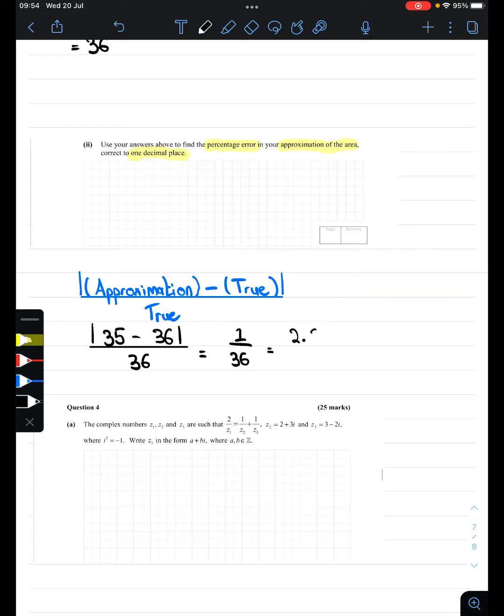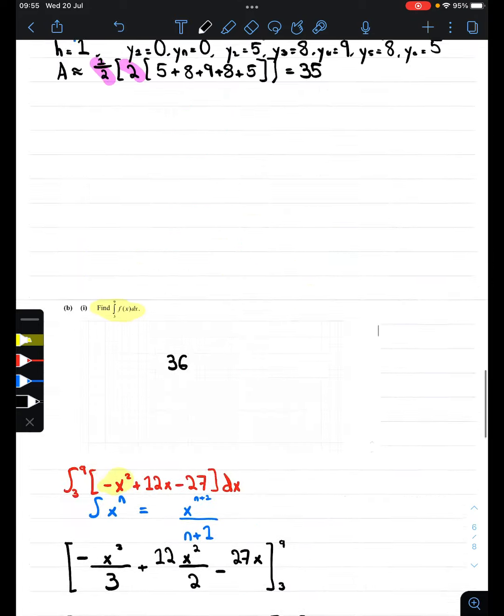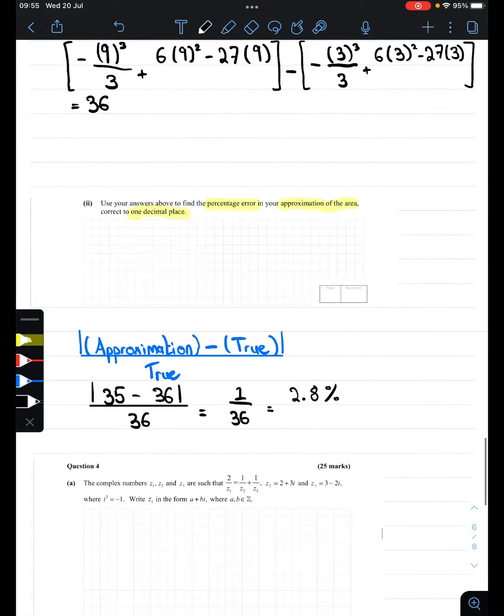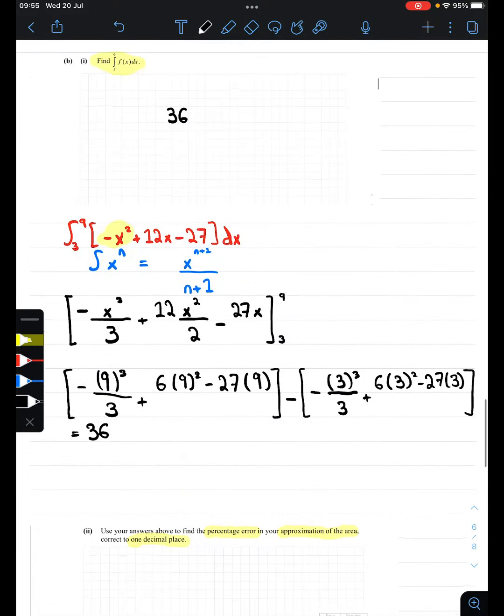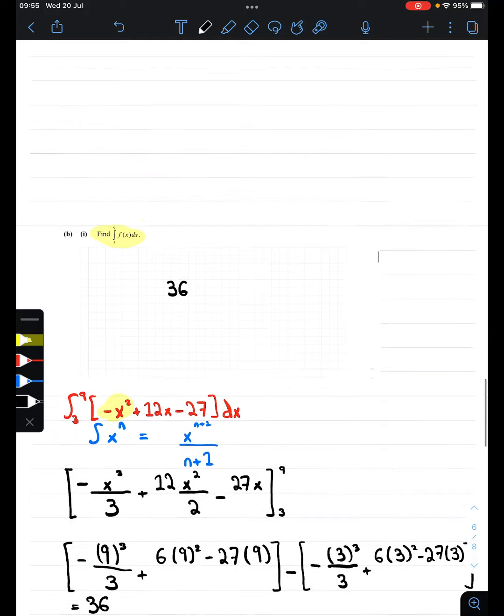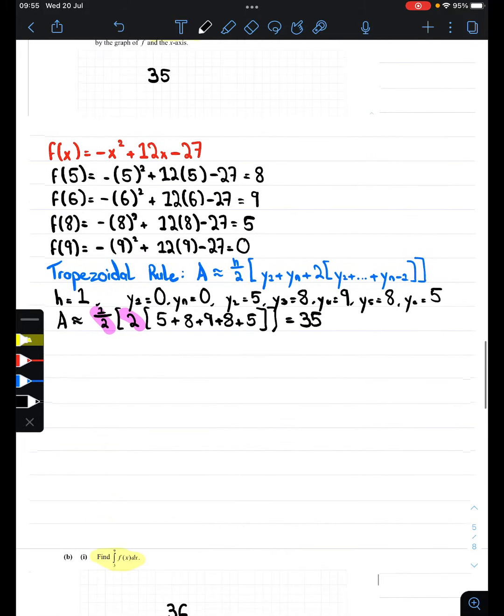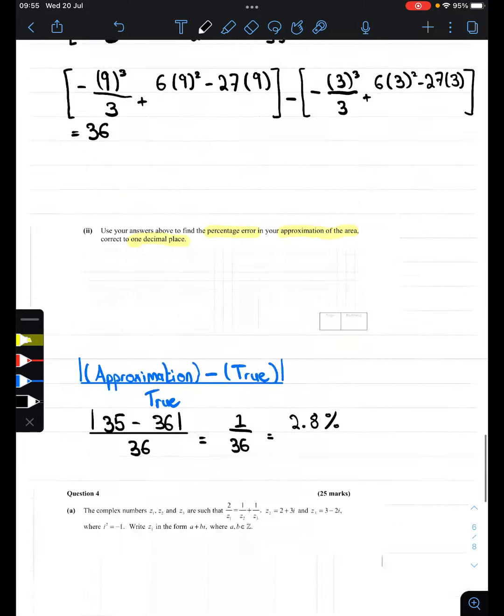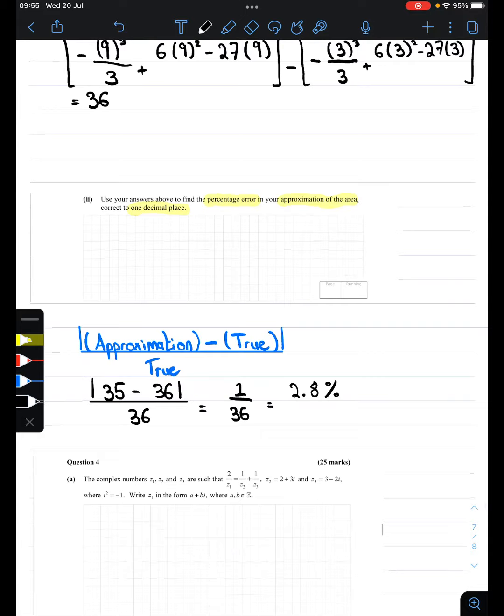So that rounds up to 2.8%, because it asks us to round to 1 decimal place. And it's just as simple as that for this one. This seemed to be a nice question. Using your log tables to do the integration, using your log tables for the trapezoidal rule, and just remembering the formula for percentage error.